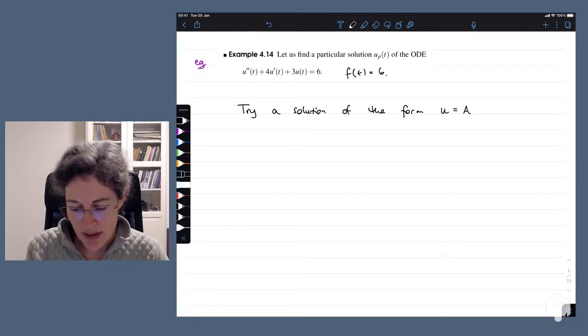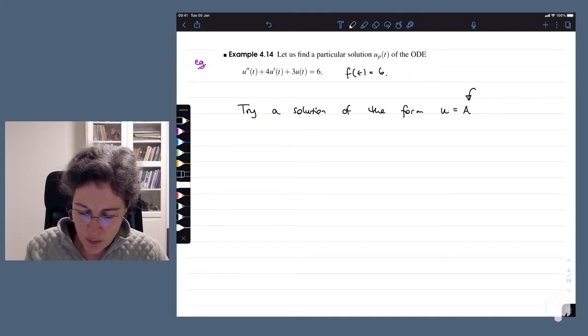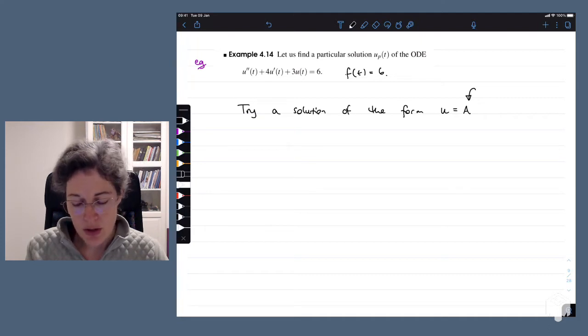So I'm letting this be a constant, but I'm not fixing it. We're going to solve for that particular constant there. You'll notice that we're doing some kind of cunning thinking and then trying a solution, and we'll see if it works. So we're trying a solution of the form u is equal to some constant.